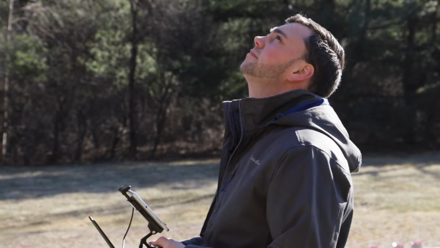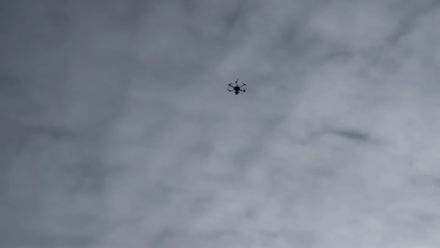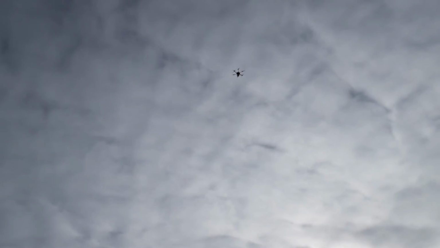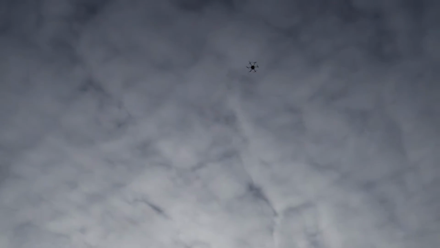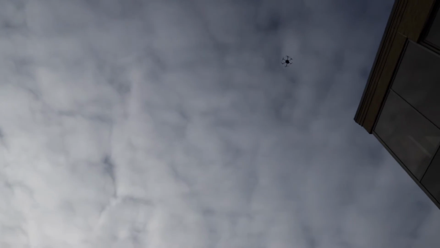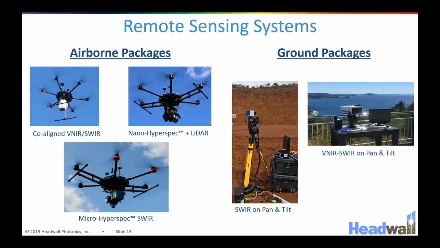That turnkey package is set up to simultaneously collect Veneer data from 400 to 1,000 nanometers, SWIR data from 900 to 2,500 nanometers, and LiDAR data, all on a DJI Matrice 600 Pro. It also comes with a high-performance GPS in order to orthorectify the data afterwards as well. We just wanted to bring it so everybody could at least see what it looks like.